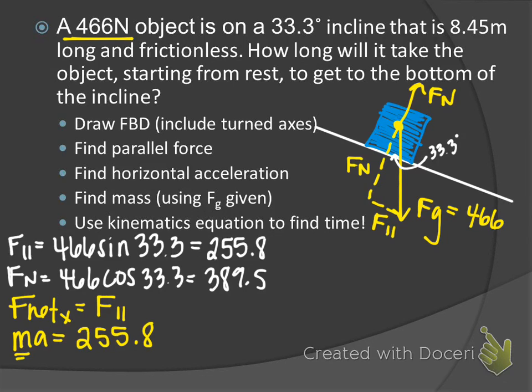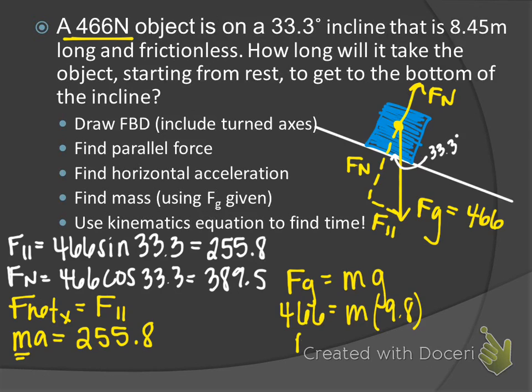And how do we solve for our mass from F sub g? We're going to divide by 9.8. So F sub g equals mass times gravity. They gave us F sub g equal to 466. We want to find our mass, so we're going to divide that by 9.8. And I got 47.6 for our mass.